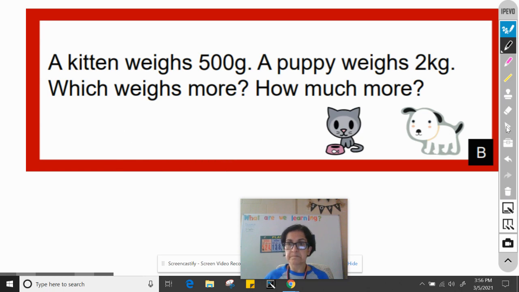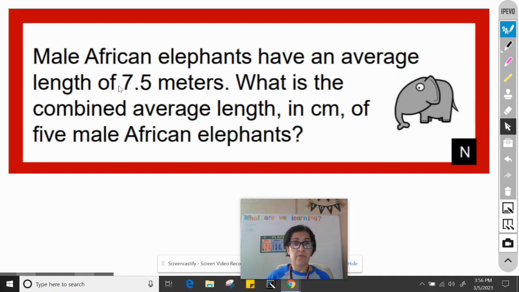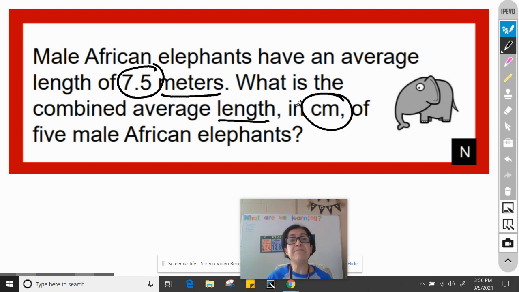Okay, I think we have a couple more. Male African elephants have an average length of 7.5 meters. What is the combined average length in centimeters of 5 male African elephants? Well, they gave it to you in meters, but they want the answer in centimeters. First thing, I would go from meters to centimeters.